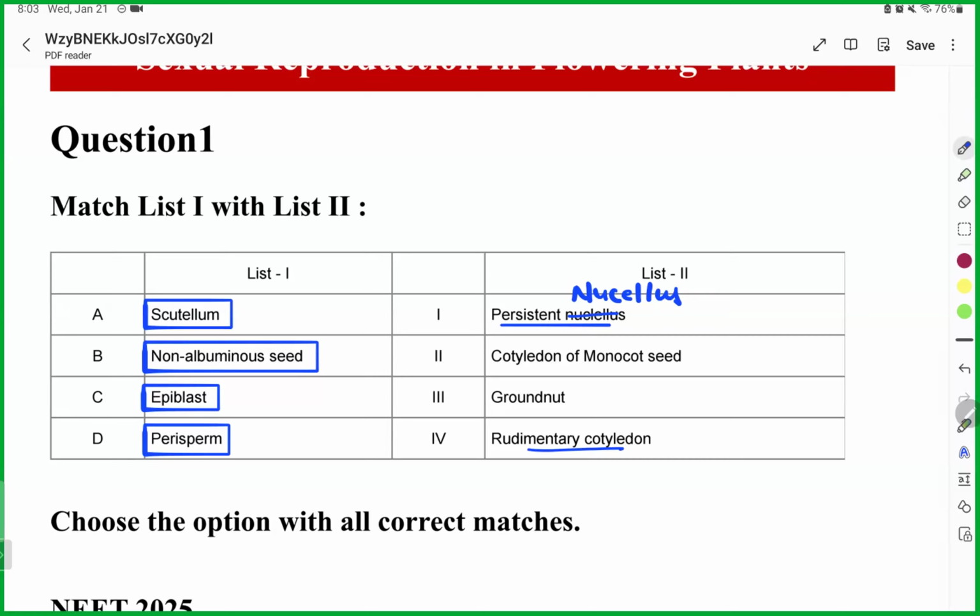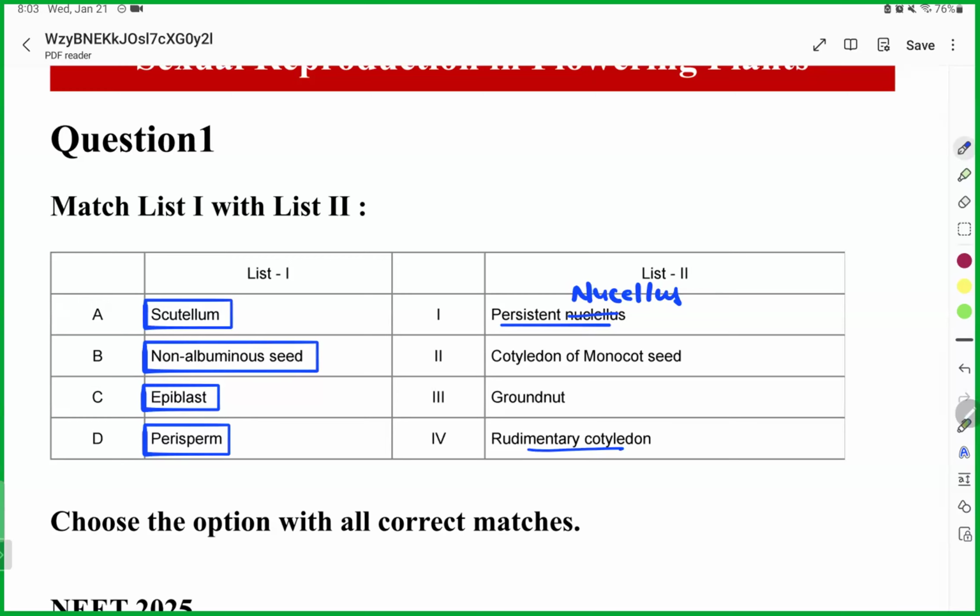I don't know, sir. Two major events. First, gamete formation, and second, gamete transfer. Gametogenesis, gamete formation, and gamete transfer.